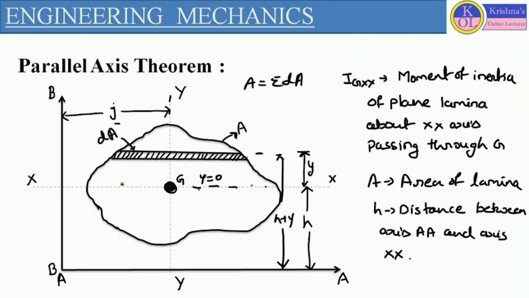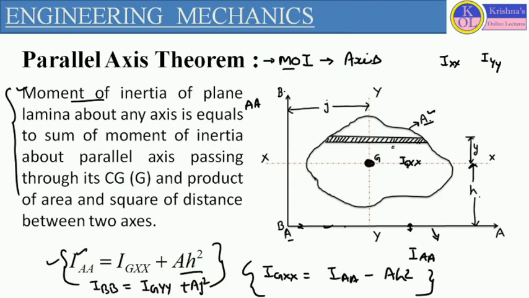Why is it called the parallel axis theorem? Because we have to define the moment of inertia about one axis which is parallel to the centroidal axis. Here we are considering the x-axis as a centroidal axis, so the AA axis will be the reference axis about which we have to define the moment of inertia.